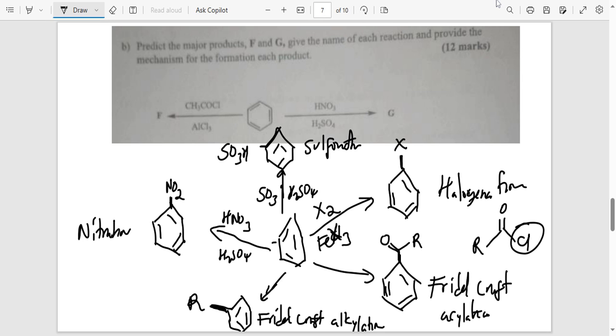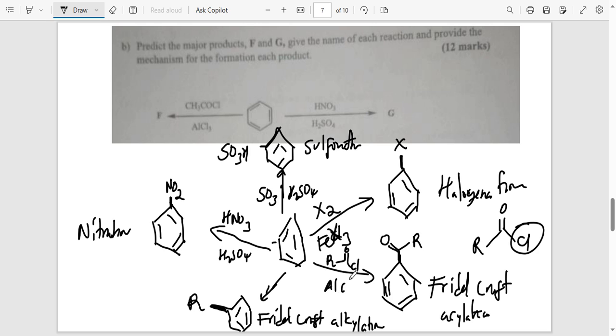For the Friedel-Crafts acylation, here we're going to use an acyl group with aluminum chloride, and then the alkylation, we have got the alkyl group. Now the alkyl group is always bonded to R. Acylation, you just see R with an acyl group. An acyl group is just bonded to oxygen and then with a chlorine at the end.